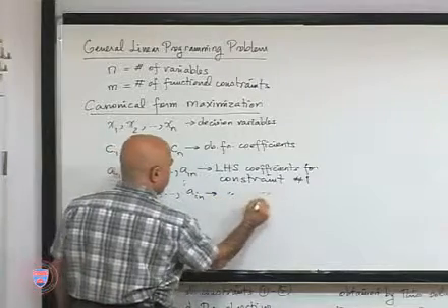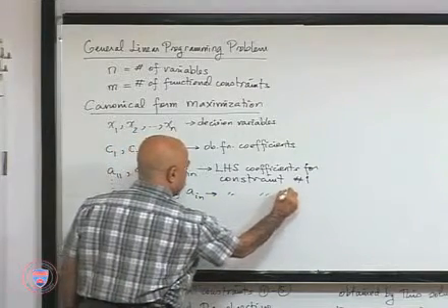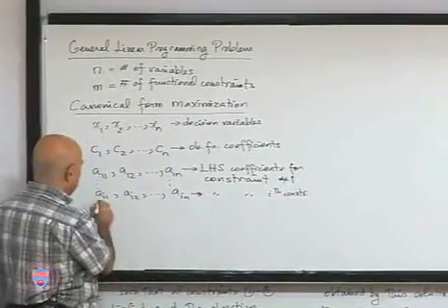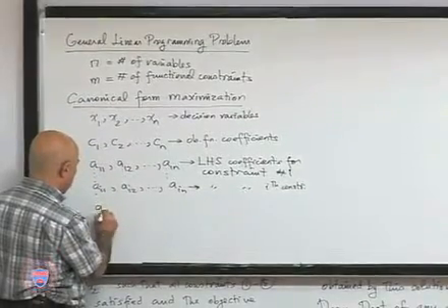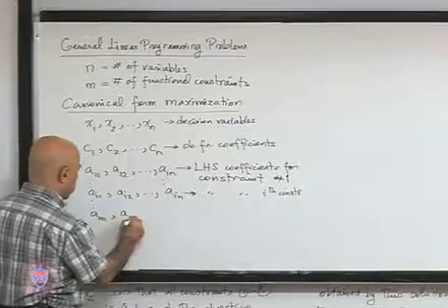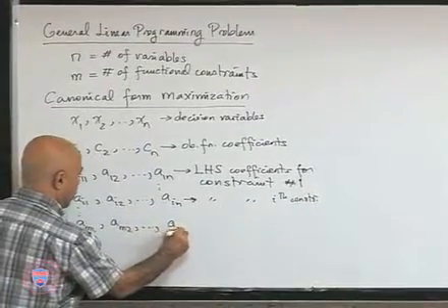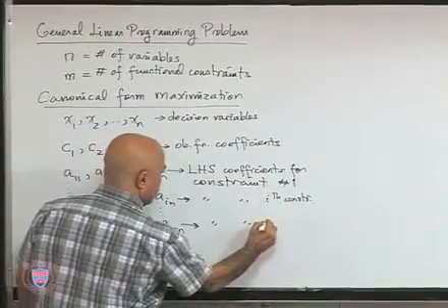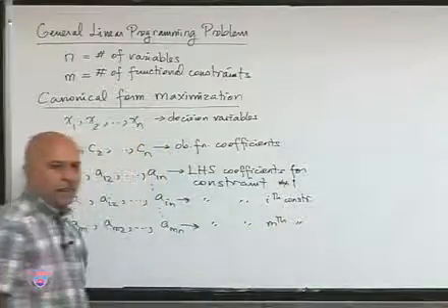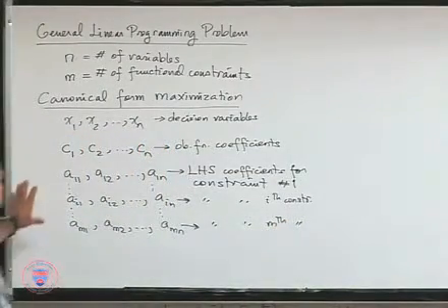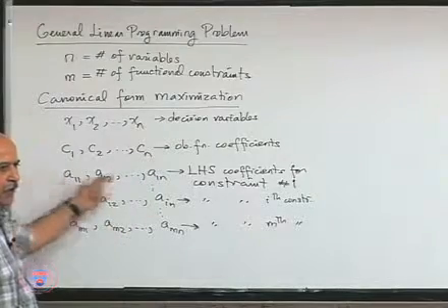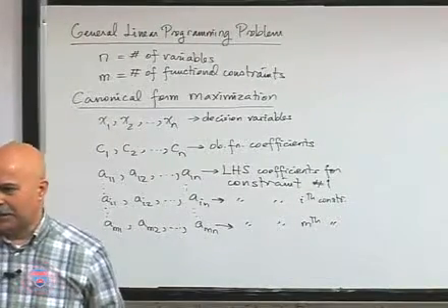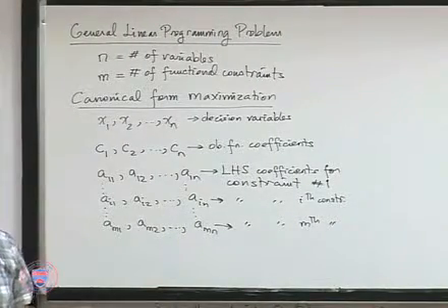These are the left-hand side coefficients for the ith constraint. And finally, we've got the mth one, Am1, Am2, Amn, the left-hand side coefficients for the last one. So you have an array of numbers for each constraint. Each array has n coefficients. Some of these coefficients may be missing, meaning that they are actually 0. They are not missing at all, they are 0.